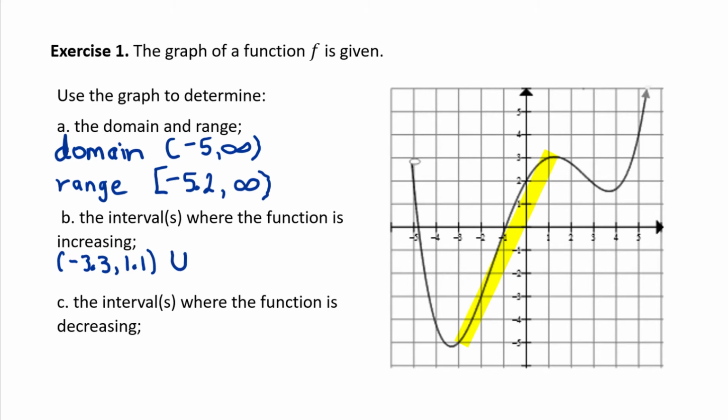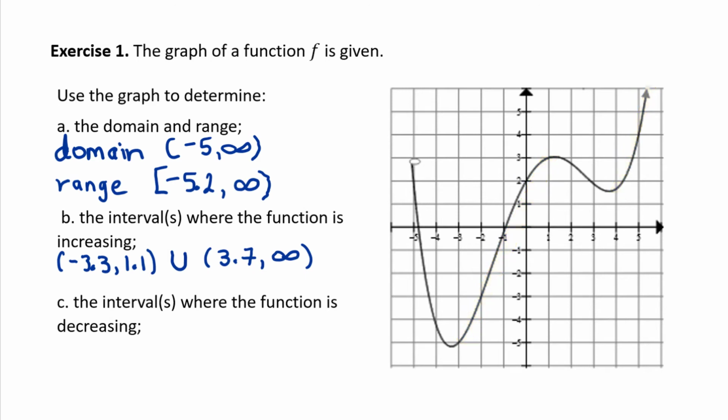It increases again as it traverses from x equals about 3.7 to the arrow, which indicates that the graph continues indefinitely as x increases, so we'll write infinity. Close it. A function is neither increasing nor decreasing at its endpoints, so we use the parentheses.